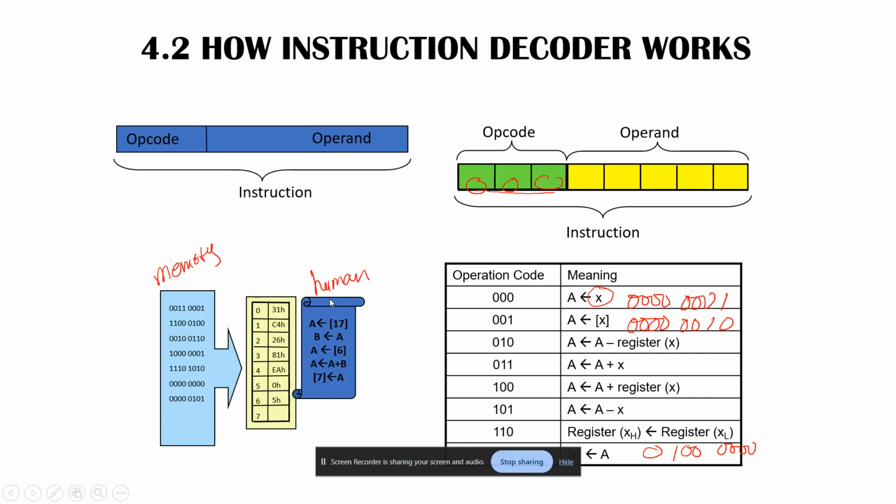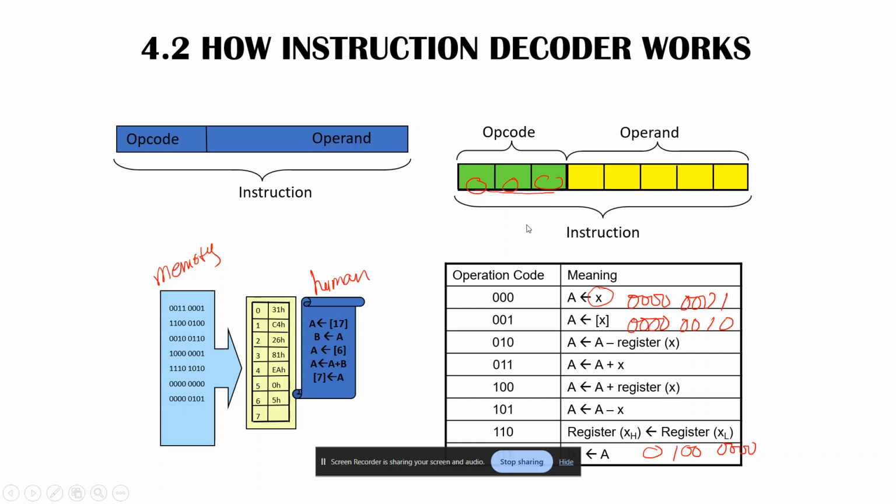Okay, so first of all, opcode. Opcode is a binary code in memory which is going to be used as an operation. For example, 000 means send X to A. So this is the instruction you are going to follow, and X means that it's the first number, 00000001.